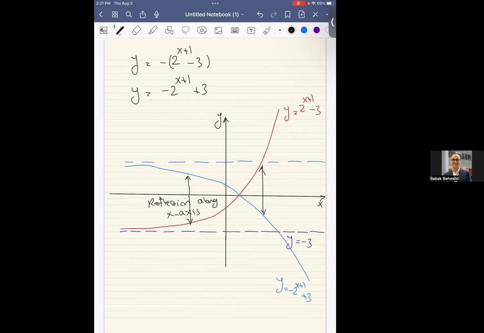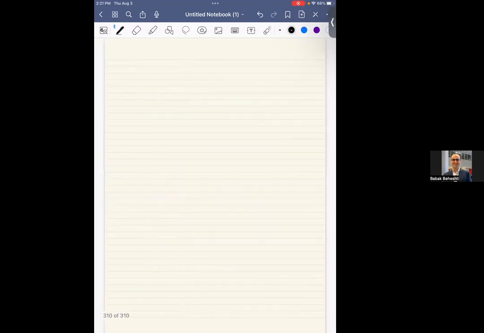But it also means thinking, thinking deeply. Anyway, so it's reflection. So it's like the reverse image around the x-axis. So you should be able to draw the graph of different types of exponential functions.